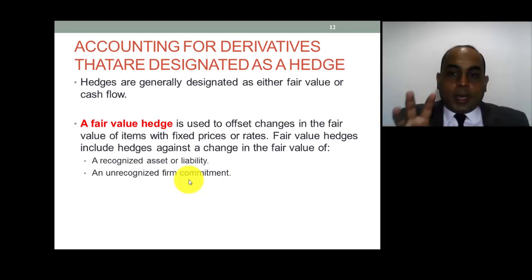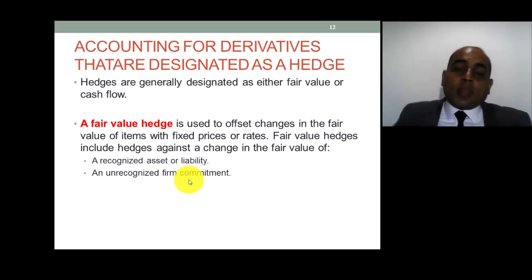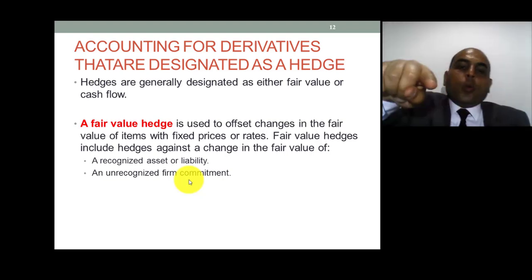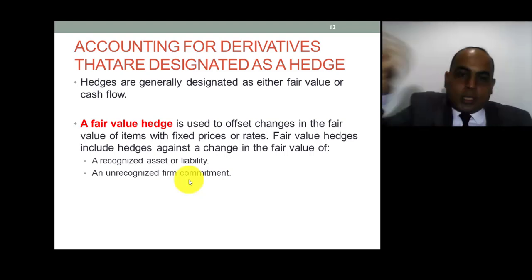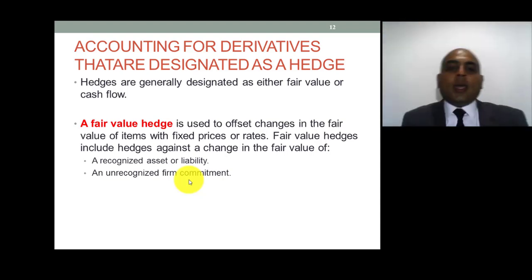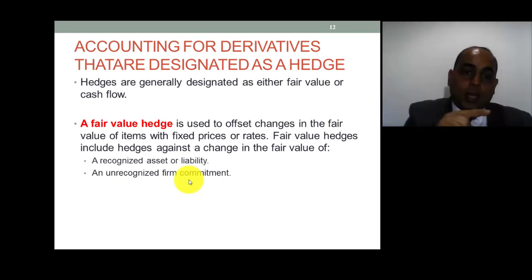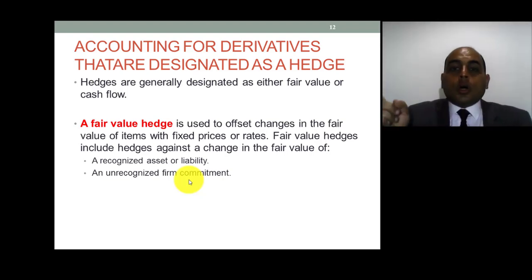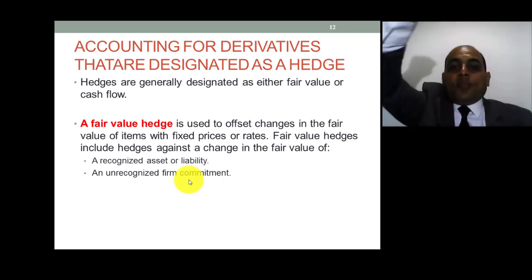The point is, we may fear a change in the price. We will deliver after 3 months as a commitment, or we have already sold it but will deliver it after 3 months. So to protect ourselves against fluctuation, we fear an increase in the price on the date of delivery.